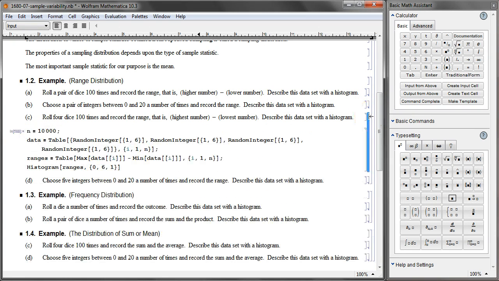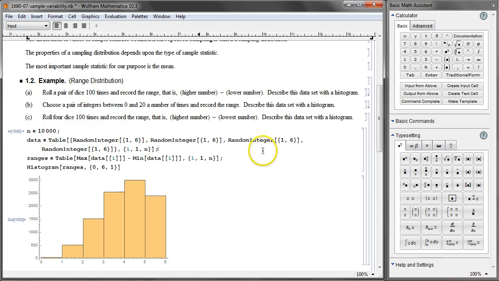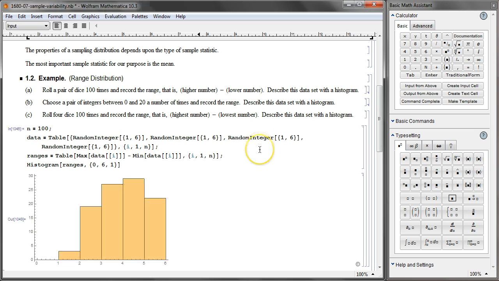Here's another situation. Roll 4 dice 100 times and record the range. Highest minus lowest. Do we see a pattern? Oh, of course, I see a pattern because I'm running this program with 10,000 repetitions. Let's go back to 100 repetitions.